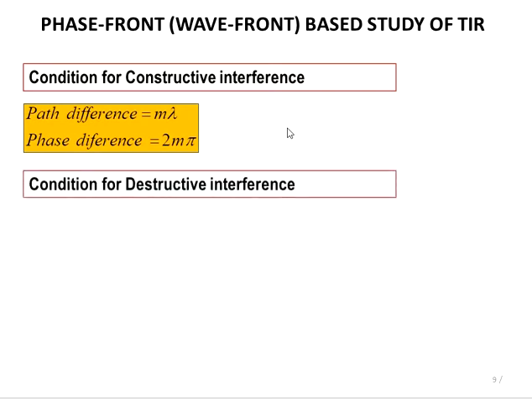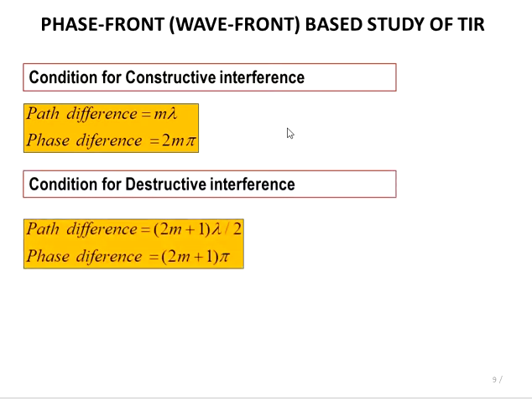The condition for destructive interference is the phase difference should be an odd multiple of pi, like pi, 3 pi, 5 pi, 7 pi and so on, where m can take values 0, 1, 2, 3 and so on. Remember, m can take only integer values.